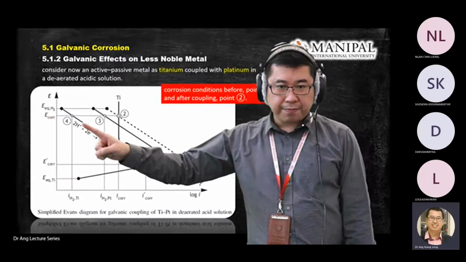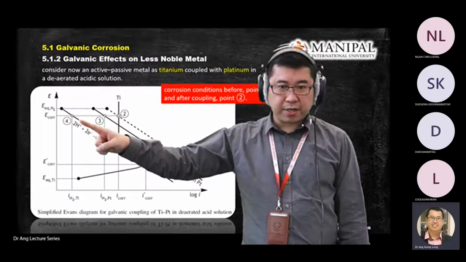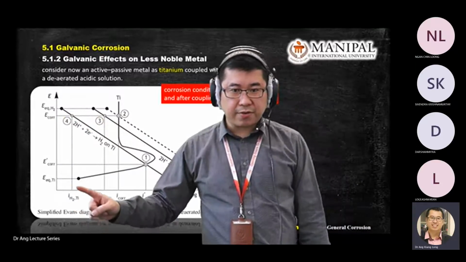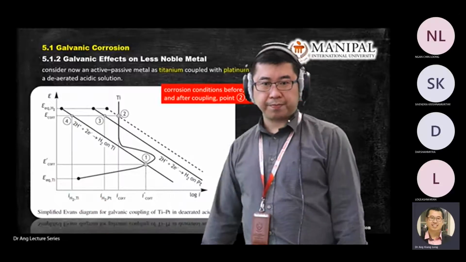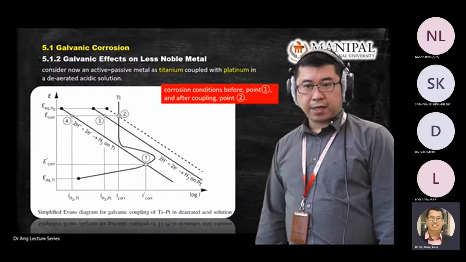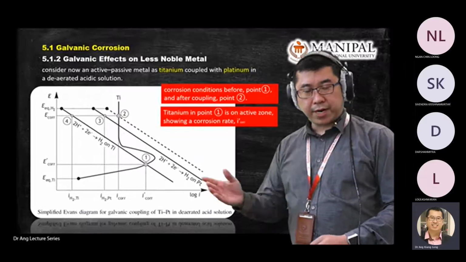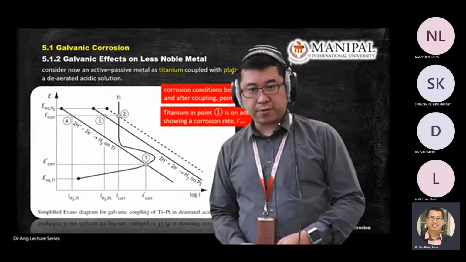And when it intersects with the titanium itself, you get the density current for titanium. Okay. The rest is like what I explained just now.